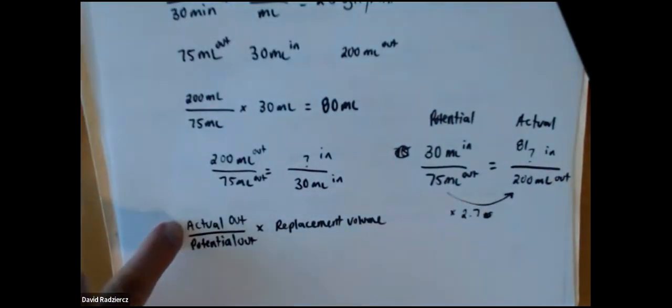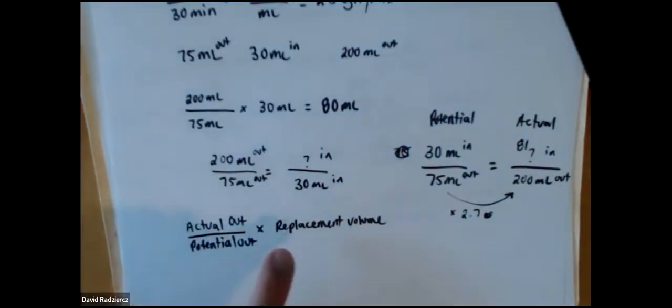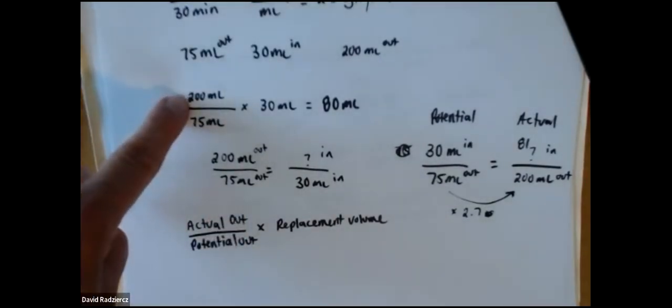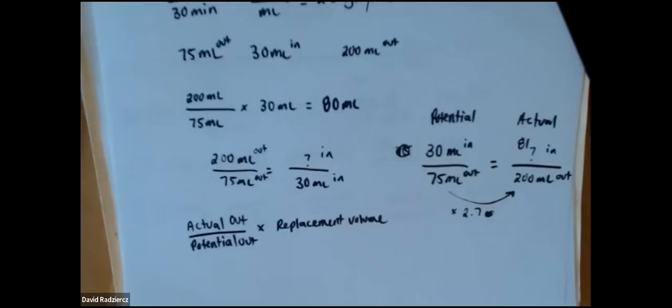Here it would be 200 over 75 times 30, which is what I wrote up here. You would do 200 divided by 75, and then that answer times 30. You got it. Okay, perfect.